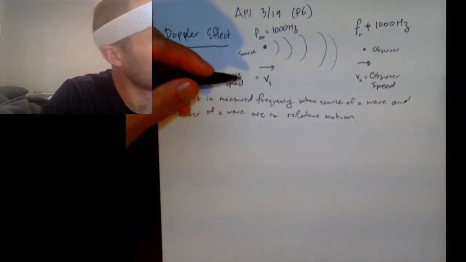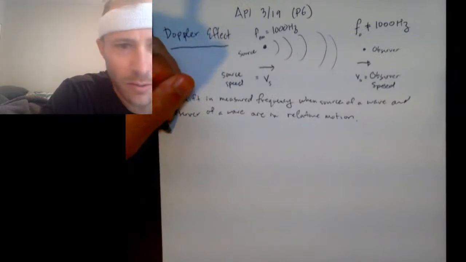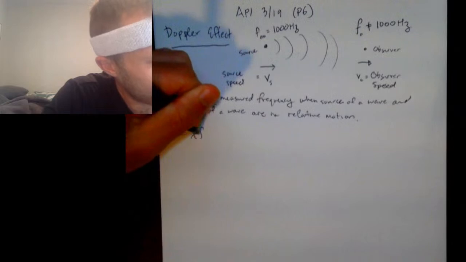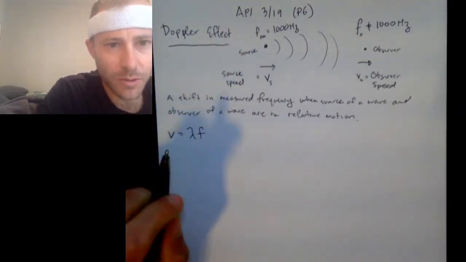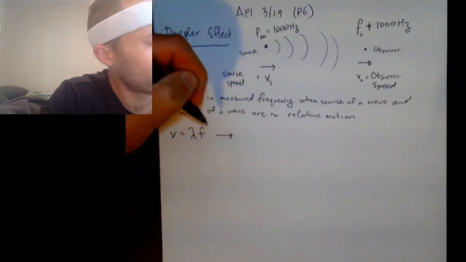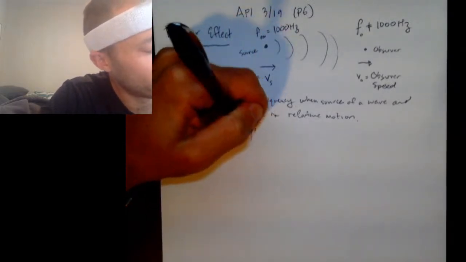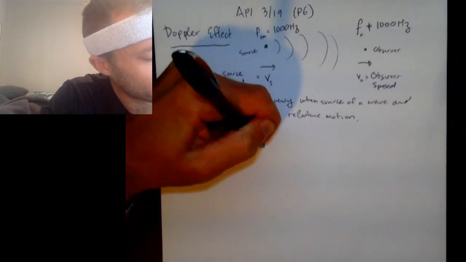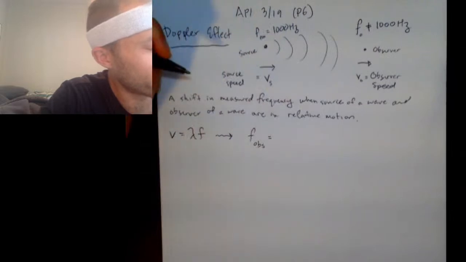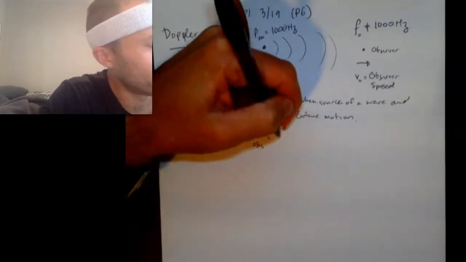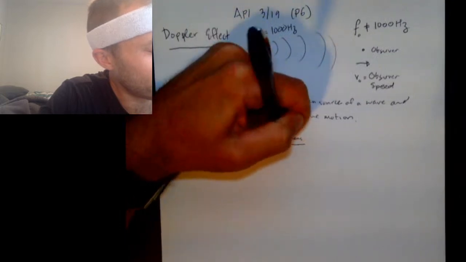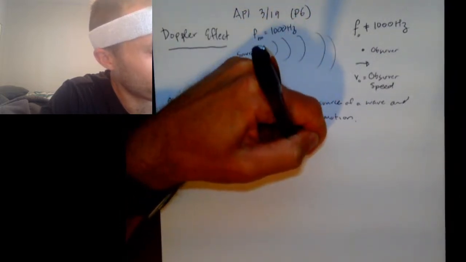So if we think about our fundamental wave equation, which is v equals lambda f, speed equals wavelength times frequency, and we rearrange that equation, we can see that the observed frequency is going to be equal to the measured wave speed divided by the measured wavelength.